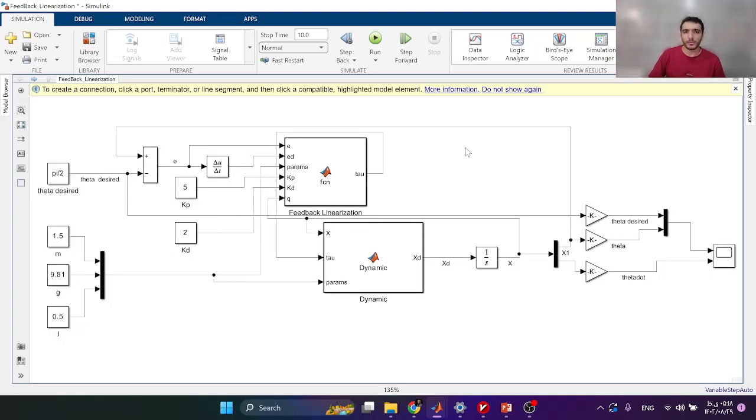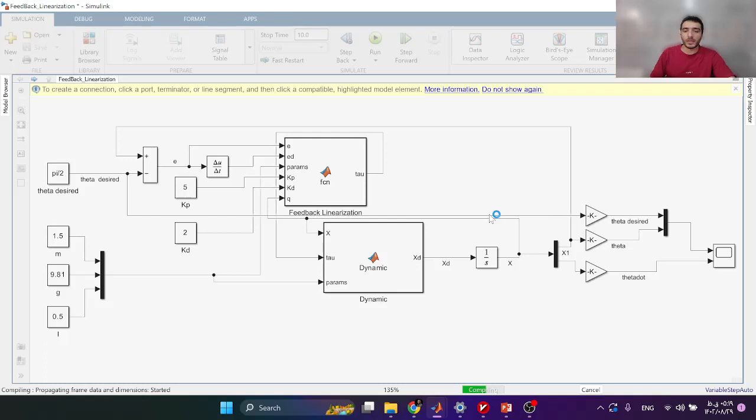Okay, we want to control our inverted pendulum at pi divided by 2 as theta desired. So we run the simulation and let's see if our controller works.